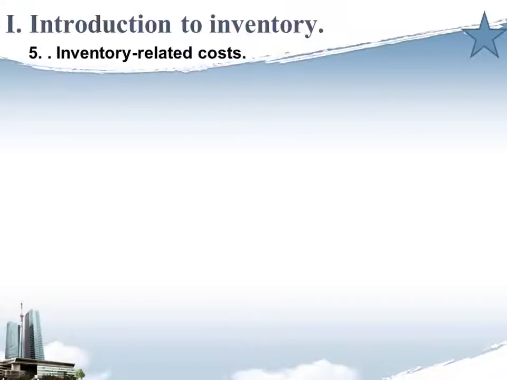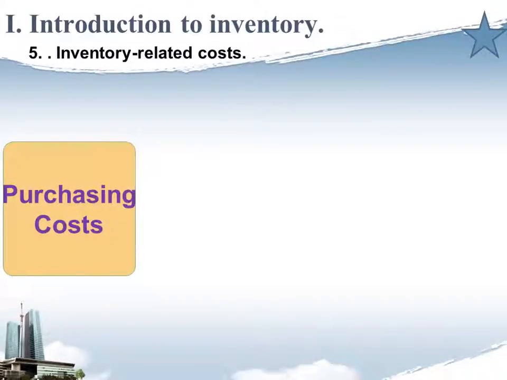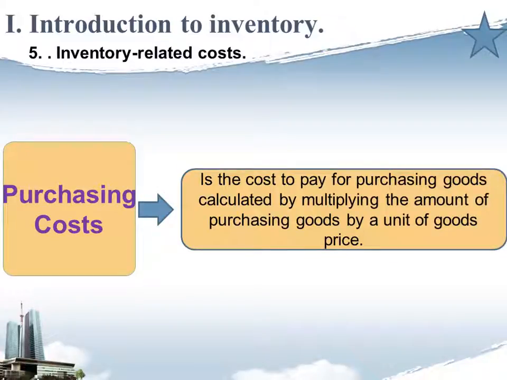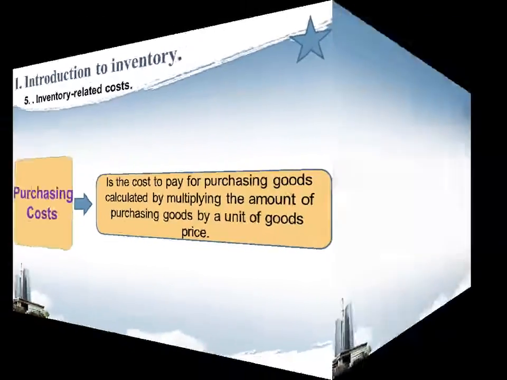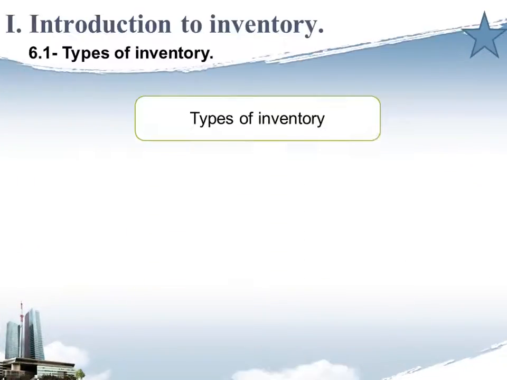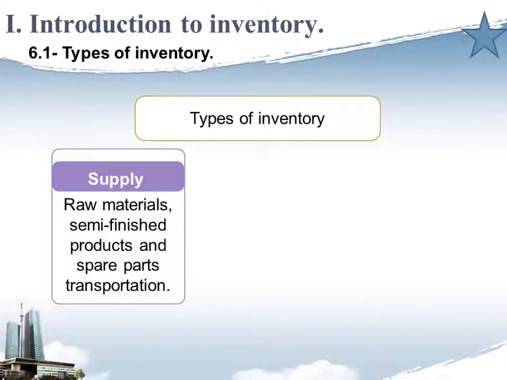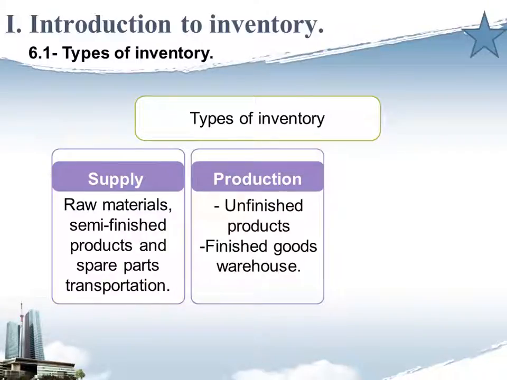Purchasing cost is the cost to pay for purchasing goods, calculated by multiplying the amount of purchased goods by the unit price of goods. Types of inventory include three types. First, supply, such as raw material, semi-finished products, and spare parts transportation.